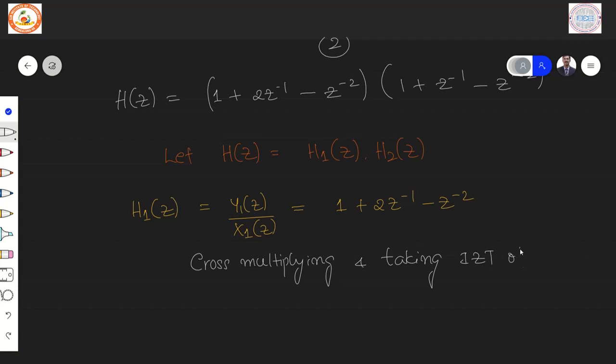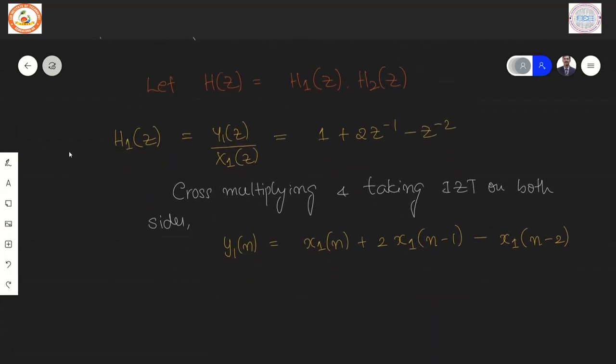Taking IZT on both sides, we get the equation y1(n) equals x1(n) plus 2 times x1(n minus 1) minus x1(n minus 2).